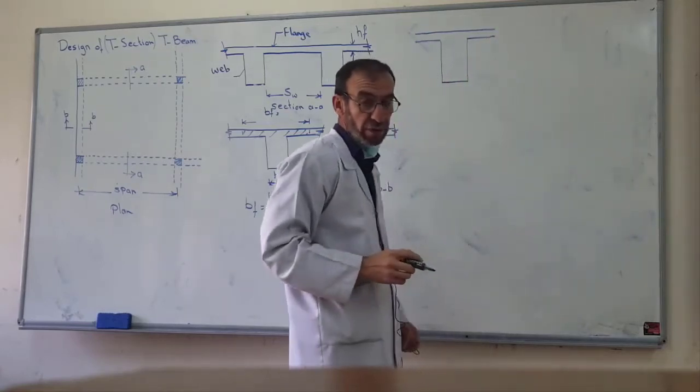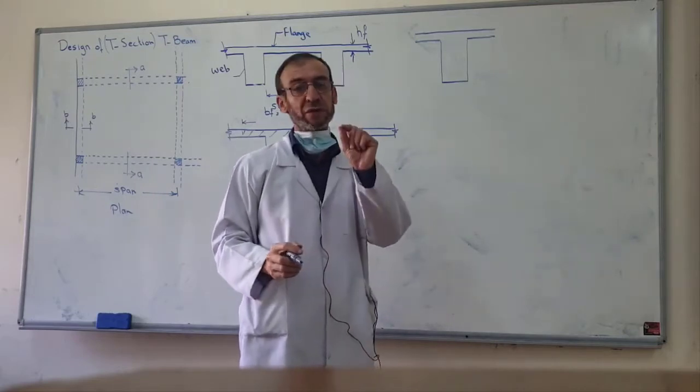Here we have 2 probabilities for the location of the neutral axis.